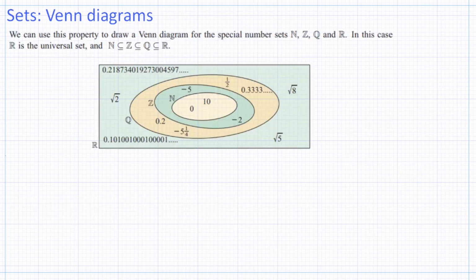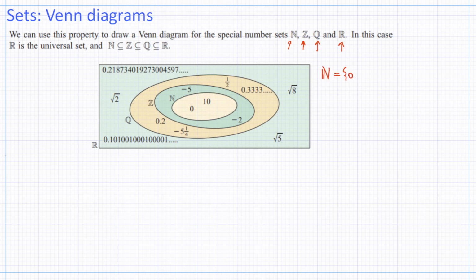Now, Venn diagrams also give us a very easy way to visualize how our special sets interact with one another. If you remember what we have covered before on our special number sets, we've got the natural numbers, the integer numbers, the rational numbers, and the real numbers. So natural numbers, what are the natural numbers?